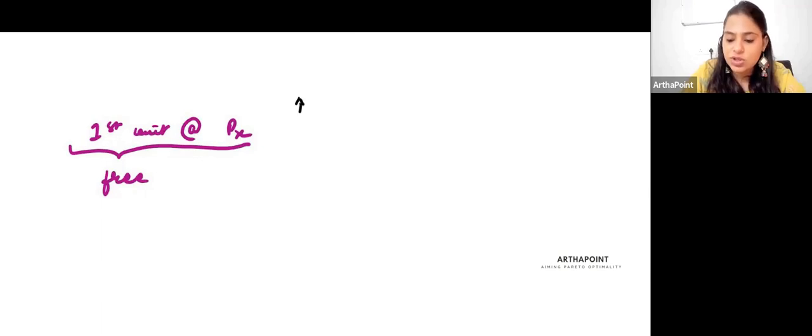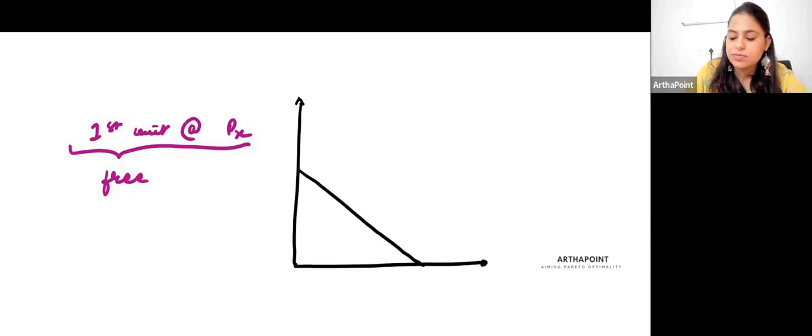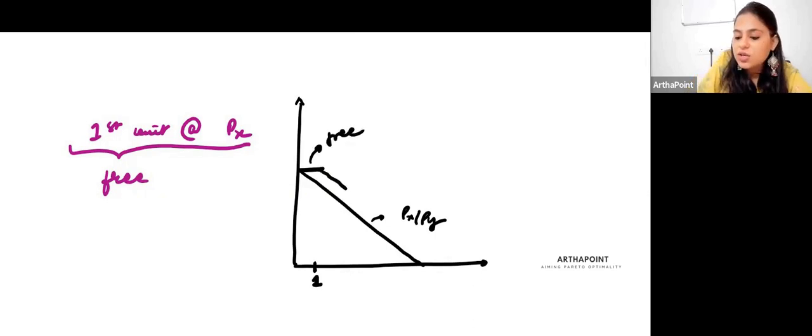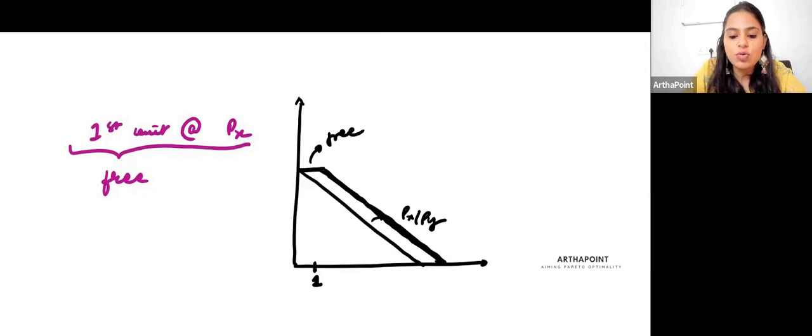So if initially this is your budget line with slope Px by Py, now I am saying my first unit is free. I didn't pay for it. So it will become horizontal because it is free. And then you had the usual trade-off. This will become your new budget line. So your new budget line will be first unit free and then the usual trade-off.